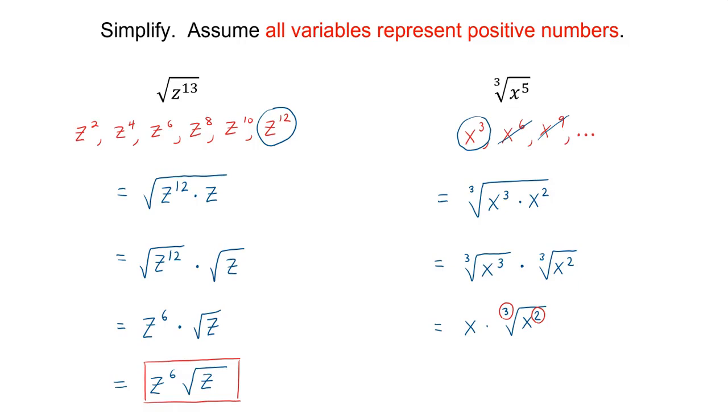When the exponent of the radicand is less than the index, then that expression is a fully simplified radical expression. Notice over on the left, the index, because we were working with square roots, is a 2, and the exponent on the z in the radicand is a 1. 1 is less than 2, which means that the square root of z is a fully simplified expression as well.